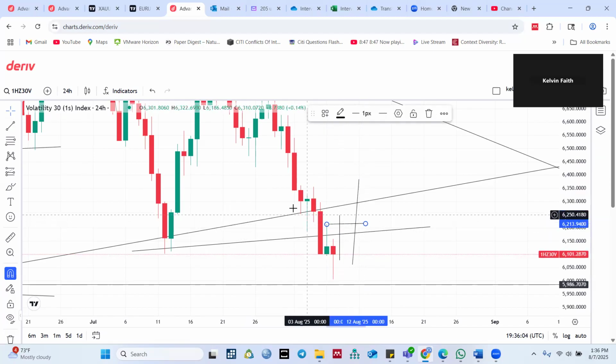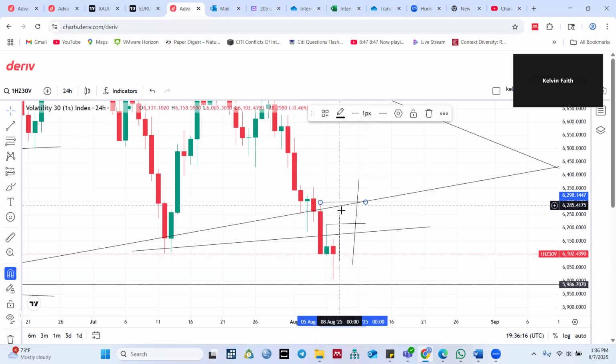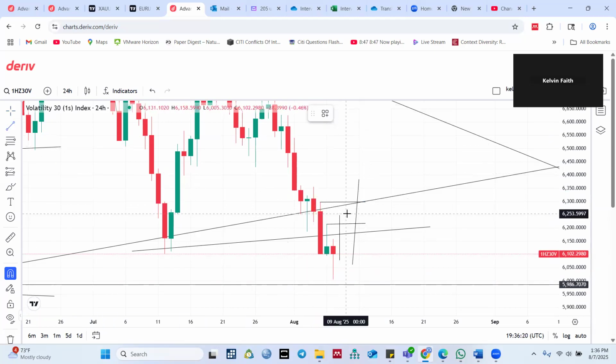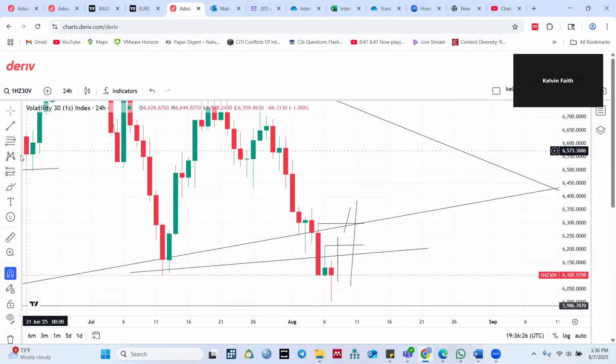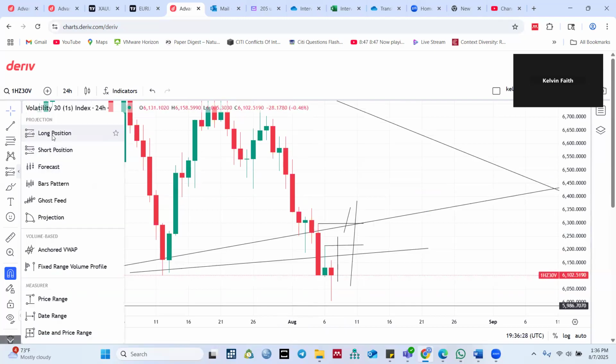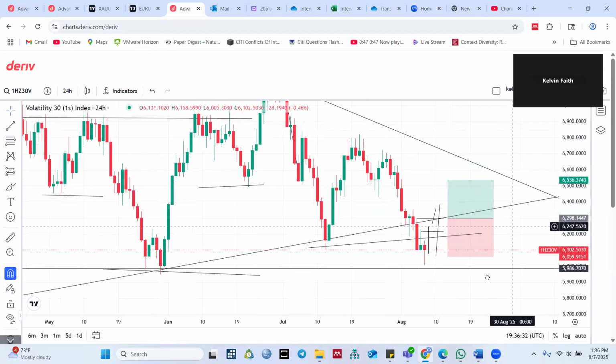Once that happens, our next confirmation is to wait for the high of this big daily candle that pushed down. Once the next day's candle also pushes and engulfs that around here, this is a very big confirmation that we will go very long.